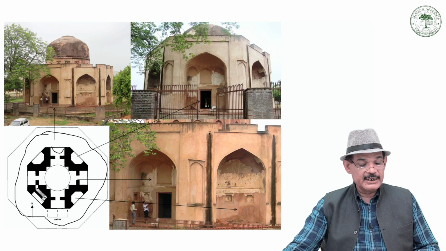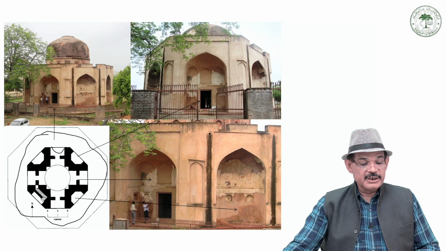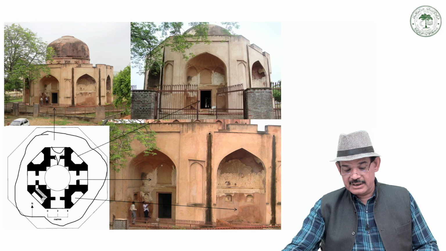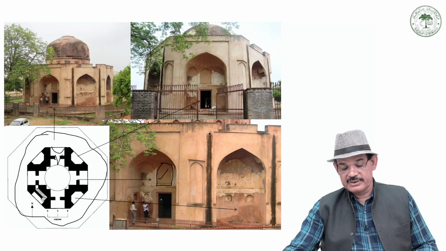The cardinal alcoves accommodate a trabeated entrance to the inner side. This trabeated entrance is surmounted with arched openings, again meant to relieve the inner suffocation.